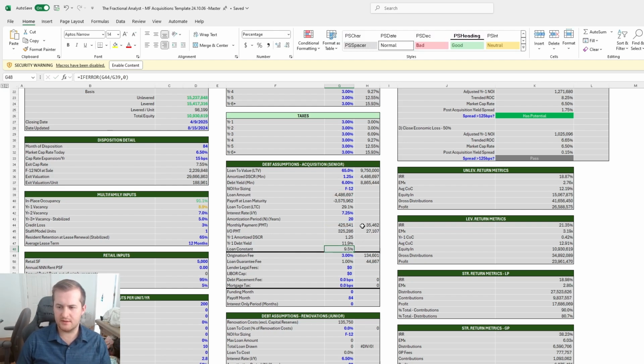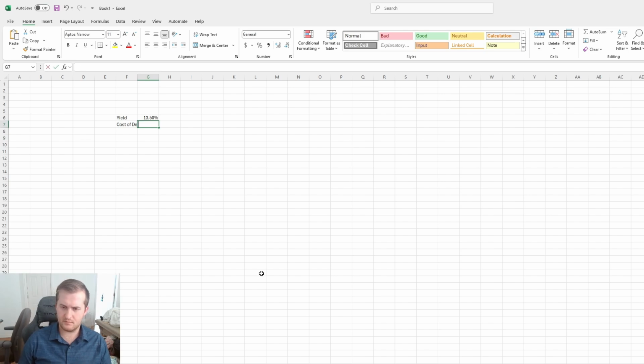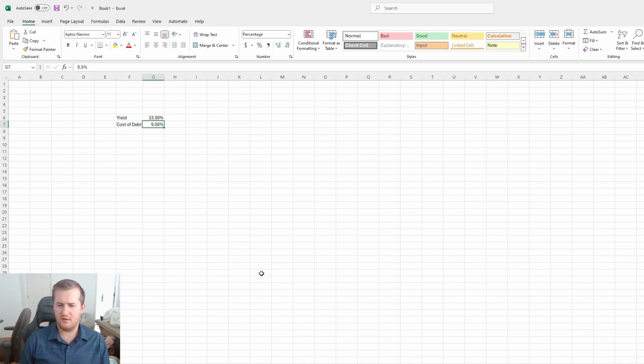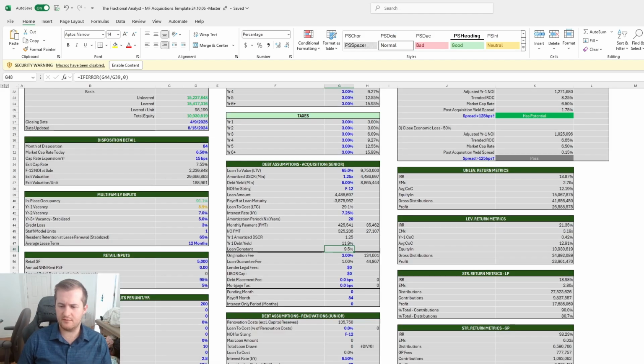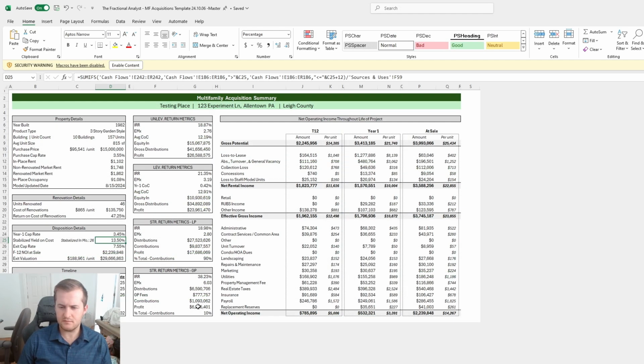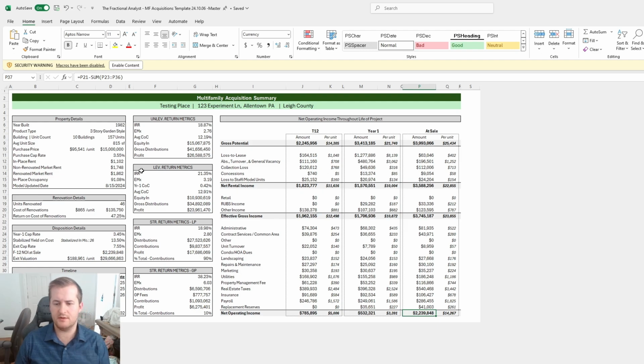The loan constant is just the monthly payment over the loan amount. And so this loan constant is coming out at 9.5%. So when your yield on the property is 13.5, meaning your income generated from the property relative to the all-in cost to buy the property.